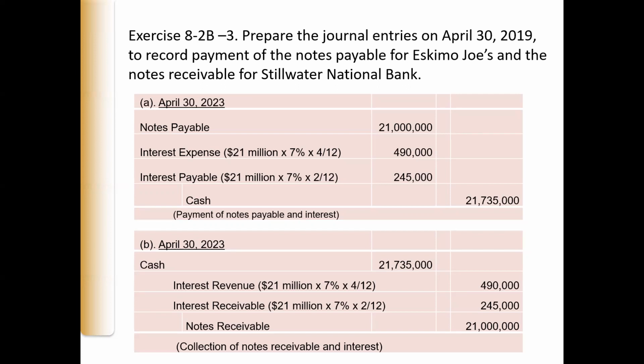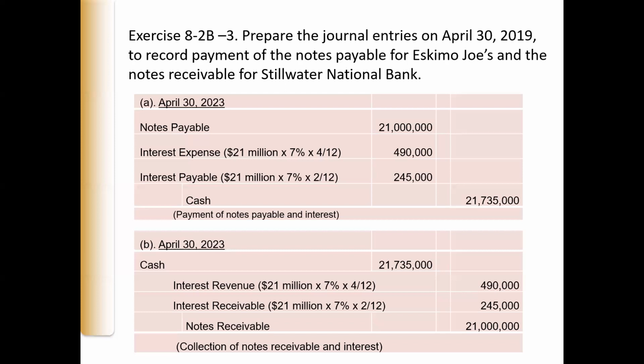And then we take that interest payable that we wrote on December 31st and debit that because we're paying it all now. We're paying off the note payable, the interest expense for the first 4 months of 2023, we're going to debit the interest payable because we're paying it now. And we credit cash of 21,735,000.